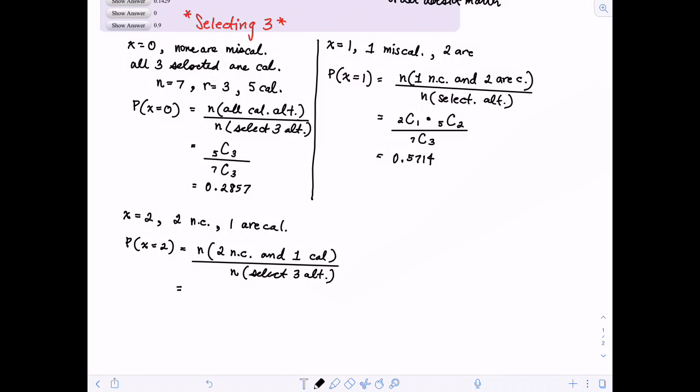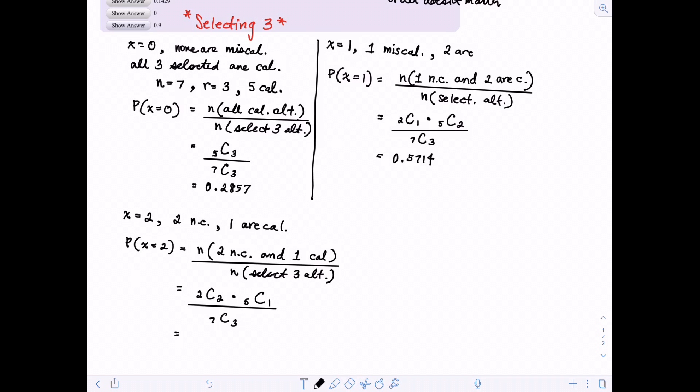So I only have 2 that are not calibrated, so it's going to be 2 choose all of them, right? 2, and 1 that is calibrated, so out of the 5, I'm going to choose 1 of them, and then 7 choose 3.